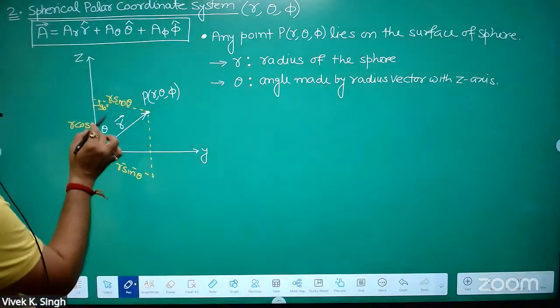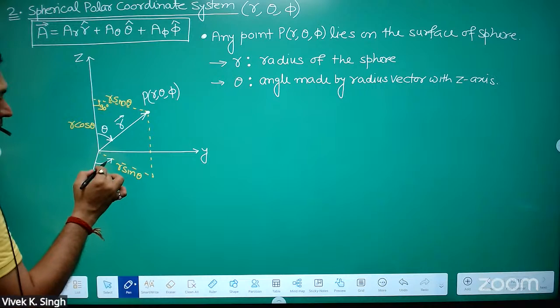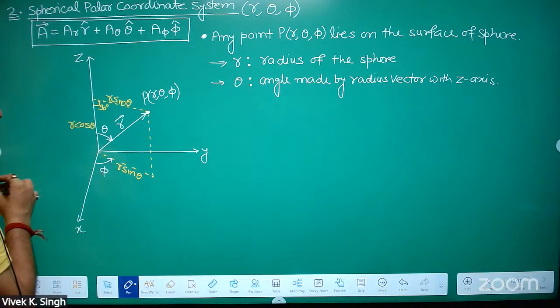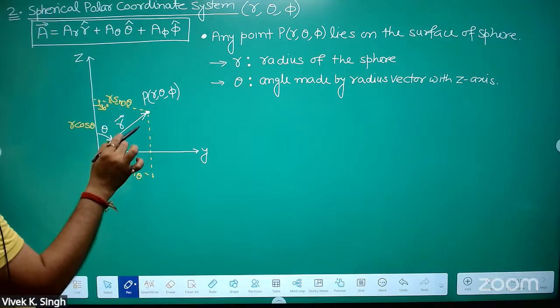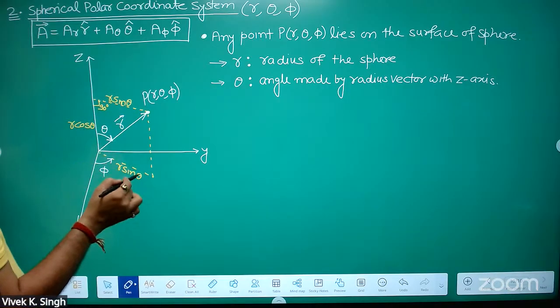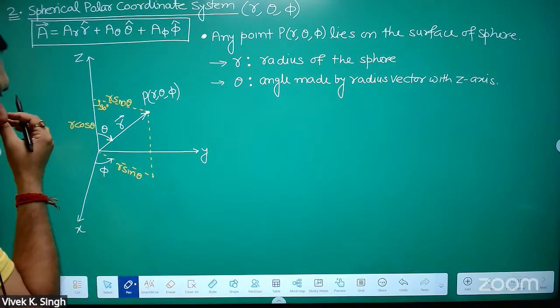Now you will get a plane, and this plane makes an angle phi with the x-axis. This dotted plane, which contains r cos theta and r sin theta, makes an angle phi with the x-axis.